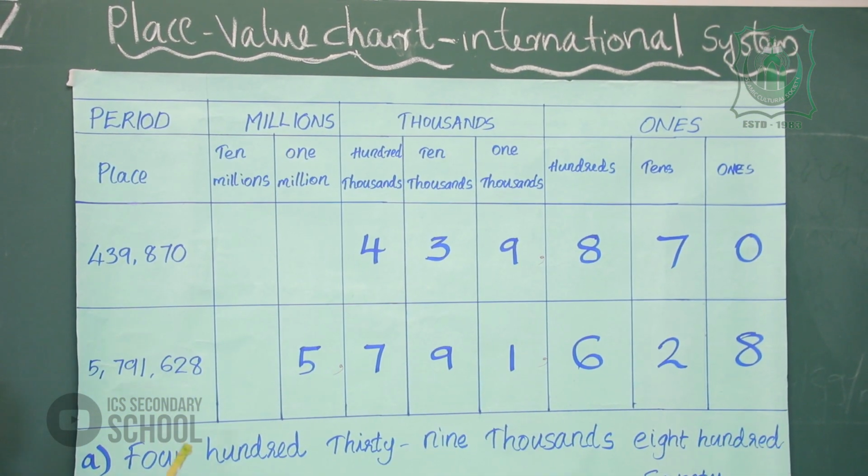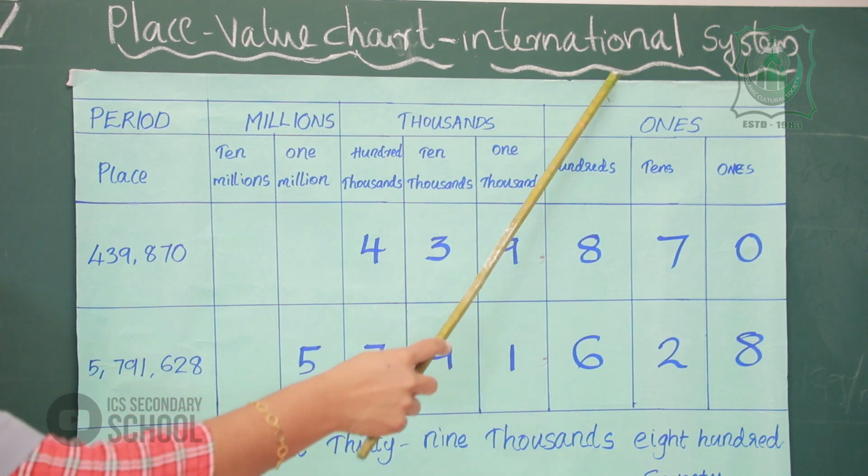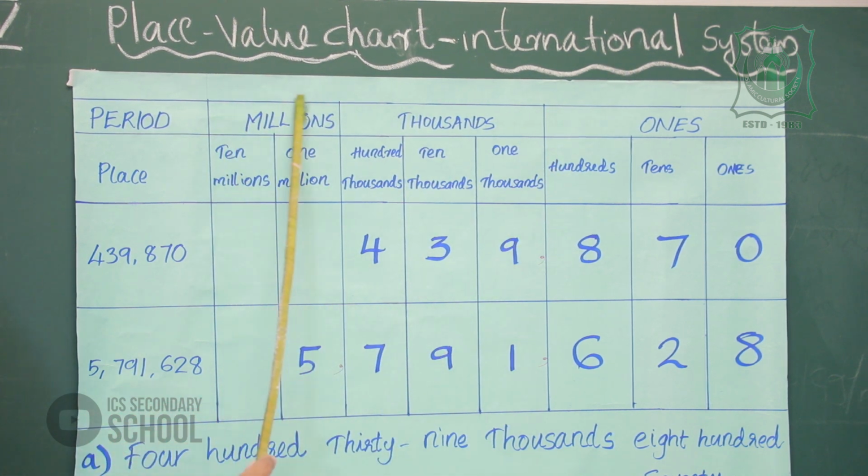That is the main difference between the Indian system and the international system. And in the Indian system there is the lakh period, but in the international system, instead of lakh, there is the millions period. The third period is million, and it is divided into 2 sub columns, that is 1 million and 10 million. Is it clear?